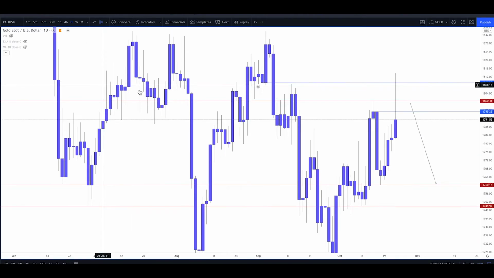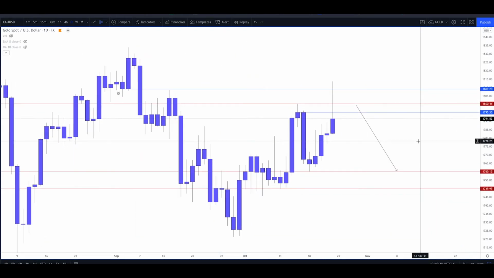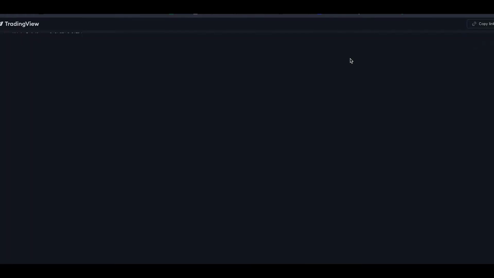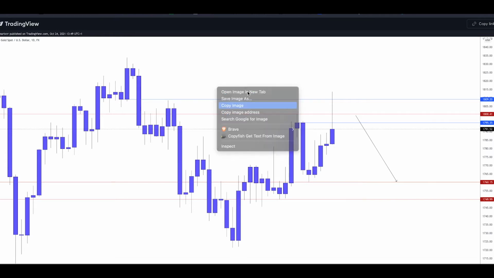Okay, let's stop for a second here. Let's go to the daily time frame. Let's press Alt S or Option S on a Mac. Copy that. Open it on a new tab. Copy the image.